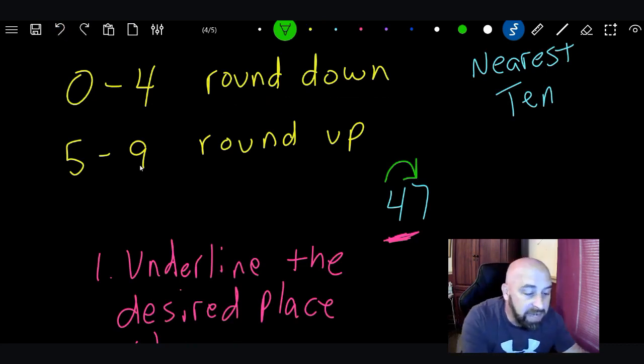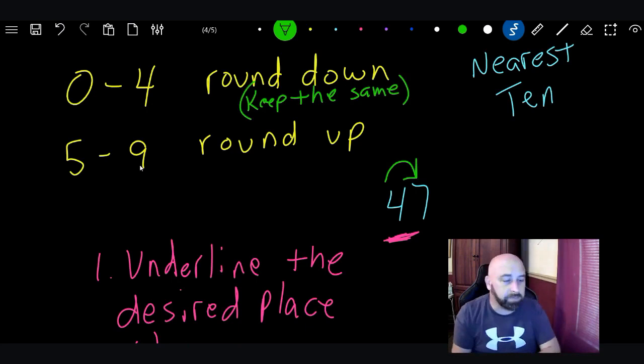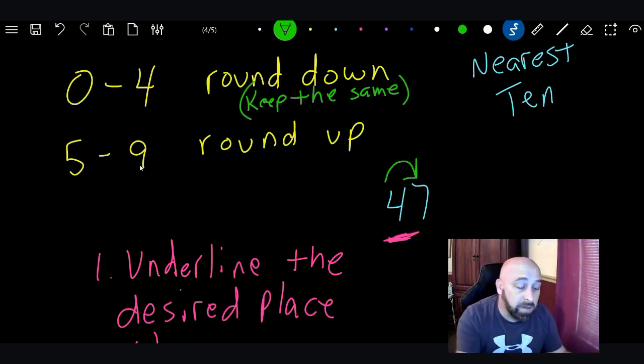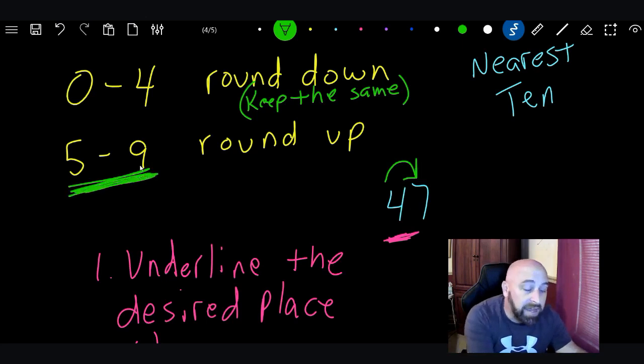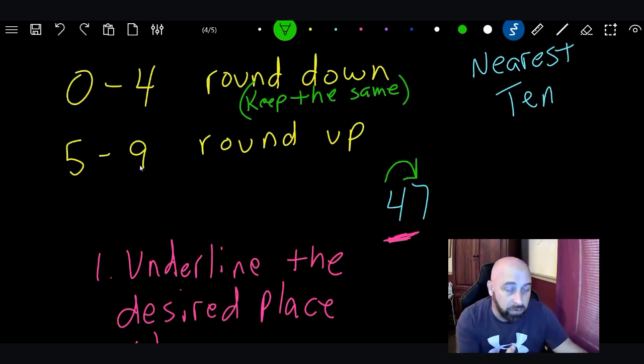Another way of saying round down is keep the same. Now, the next door neighbor is a 7, so it is between a 5 and a 9. So what do we do? We round up.